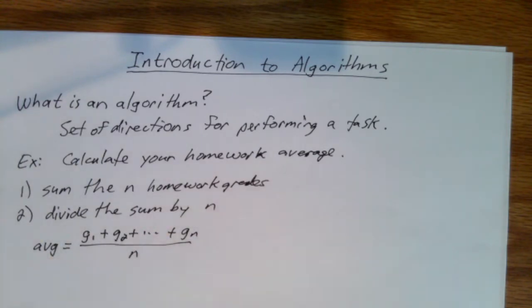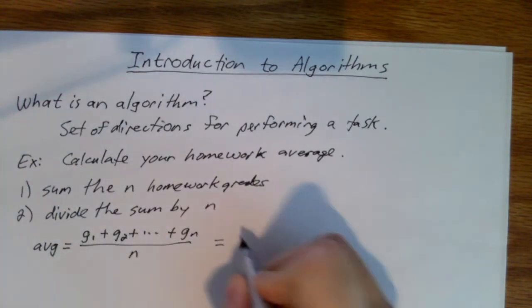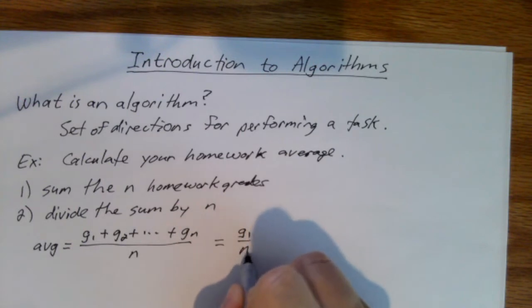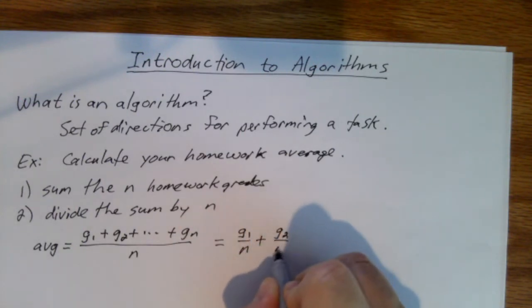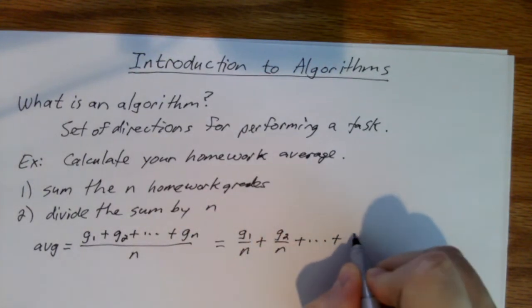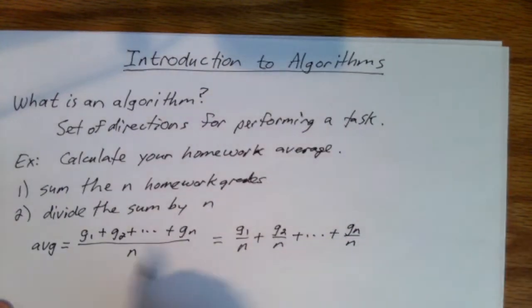But there's an alternative to that. We could also do it this way. We could do grade 1 divided by n plus grade 2 divided by n plus ... plus grade n divided by n. These are mathematically equivalent, right? So the second one would have this set of directions.